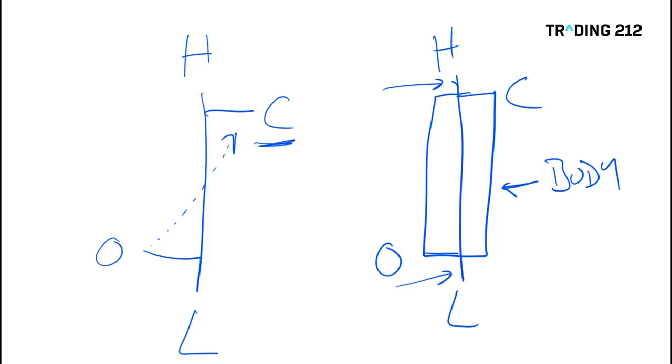Traditionally, when the market closes higher than it opens, so we have an up day, the candlestick gets coloured in white, and when the market closes lower than it opens, if we just reverse these two here, so we'll say the market opened up here, traded a bit higher, traded lower, but closes down here, then the candlestick would get coloured in black. But of course, with trading platforms these days, you can set it to whatever you want it to be.